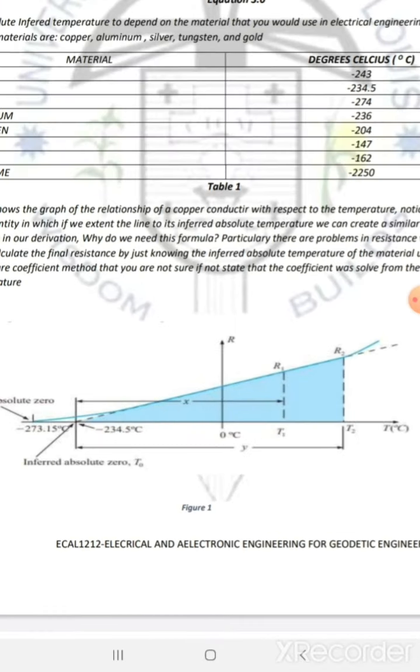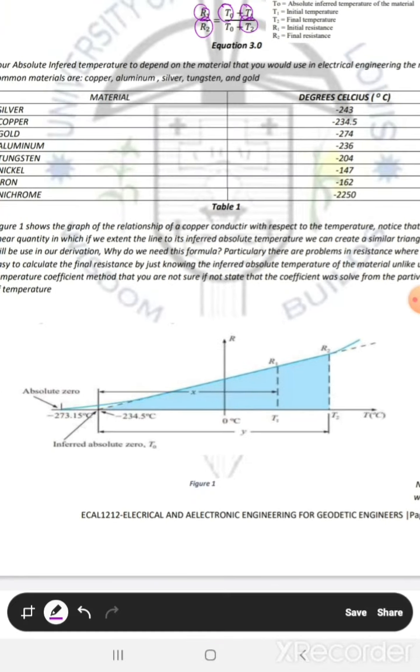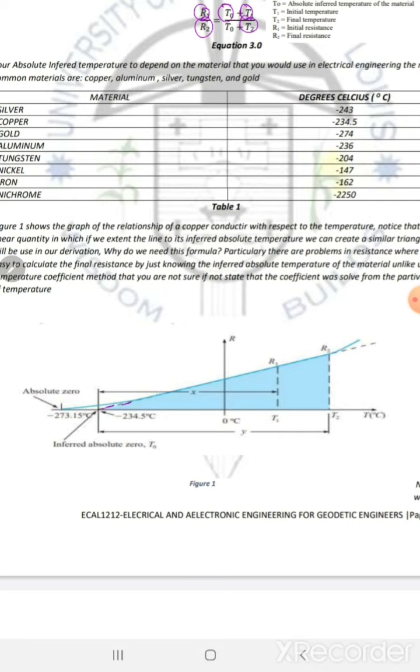As you can see in our figure 1, the graph is not a straight line, but in order to treat it mathematically, we assume a straight line, that it behaves linearly.